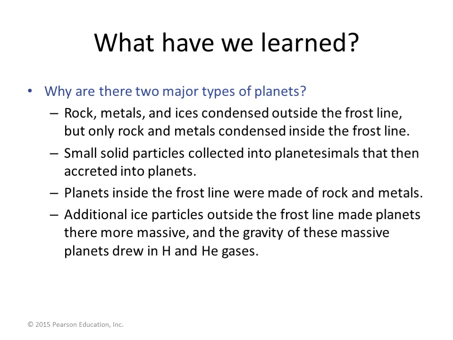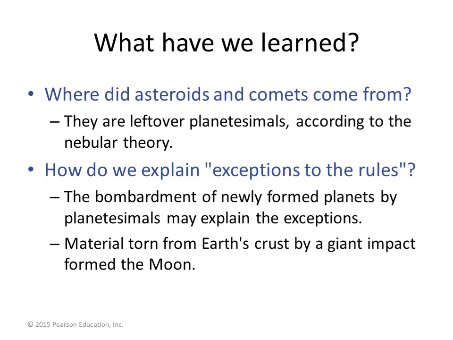Planets inside the frost line were made of rocks and metals, and additional ice particles outside the frost line made planets that are more massive, and the gravity of these massive planets drew in hydrogen and helium gases. So there's a very orderly arrangement of things based on the differences between the materials that the terrestrial and the Jovian planets are made of.